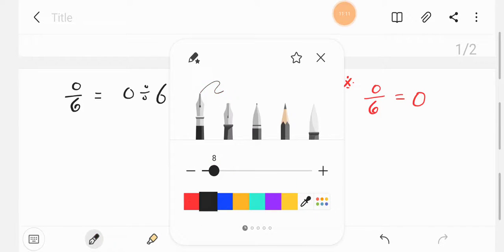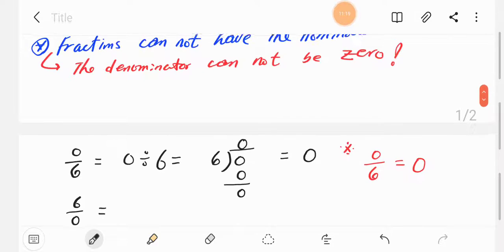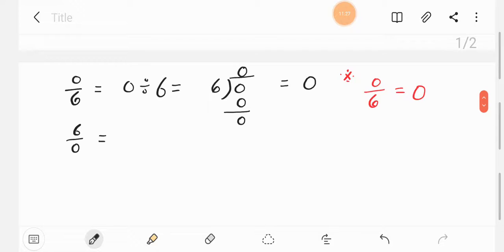How about we divide a number by 0? Now the denominator is 0. As I mentioned, the denominator cannot be equal to 0. If the denominator is 0, then it is undefined. Let's check. This is equal to 6 divided by 0.